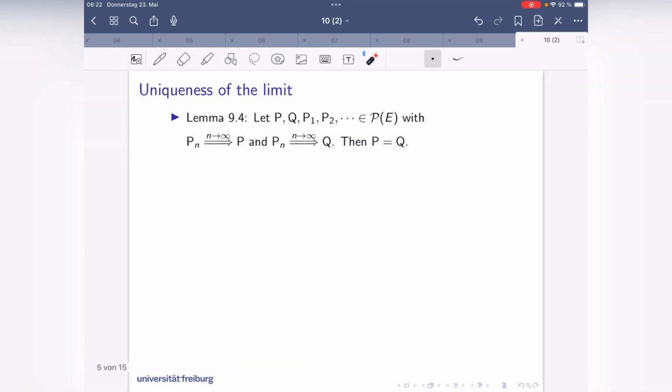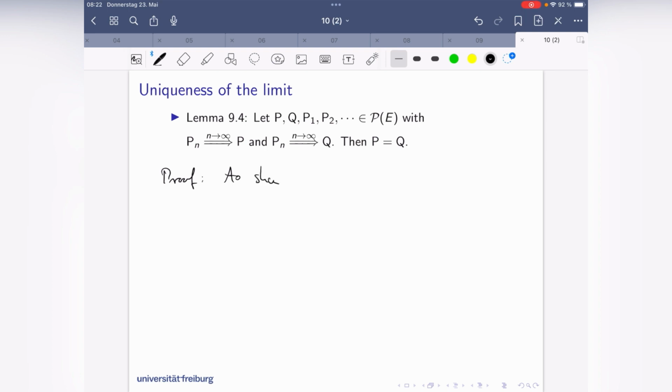And always when you have a limit, it would really be nice if the limit is unique. So if Pn converges weakly to P and also to Q, then P must be Q. This also holds here, but it's not completely obvious. But it goes like this.